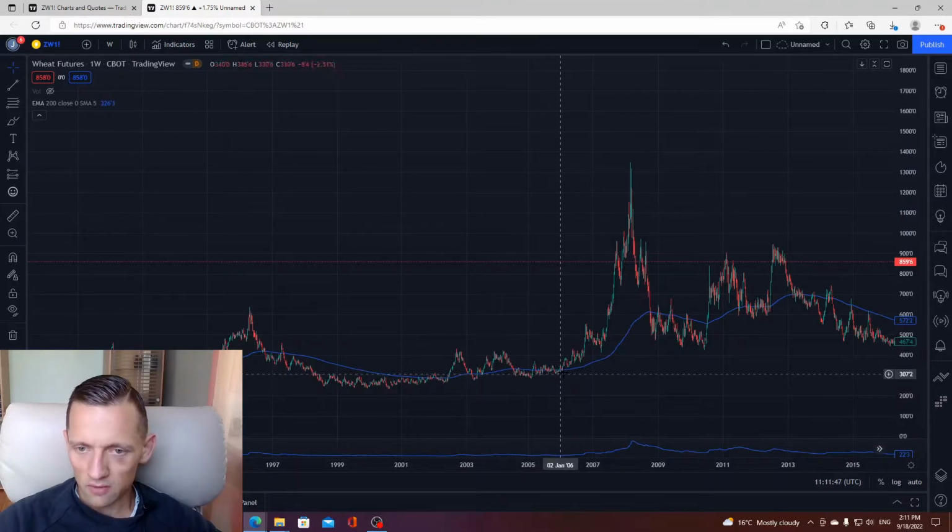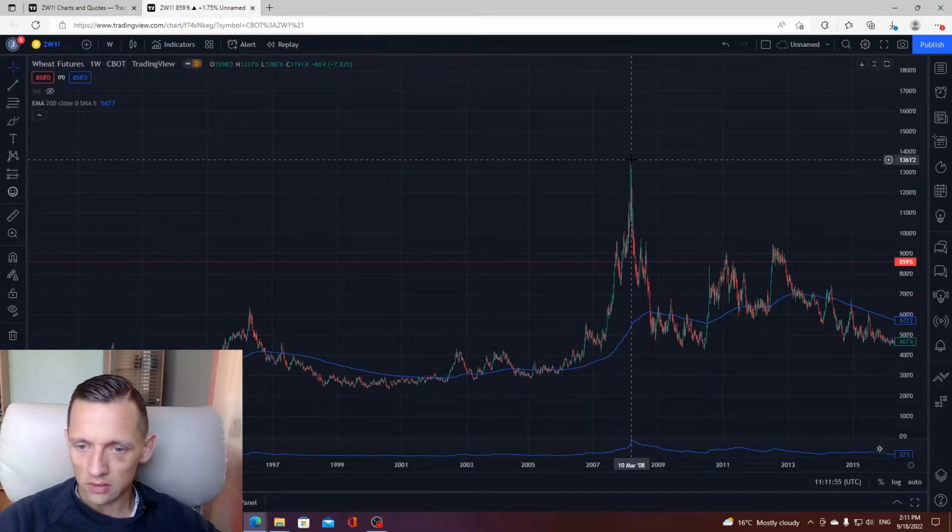And in late 2005, wheat, as with other commodities, started to rise and spiked in early 2008 up to 1300s.